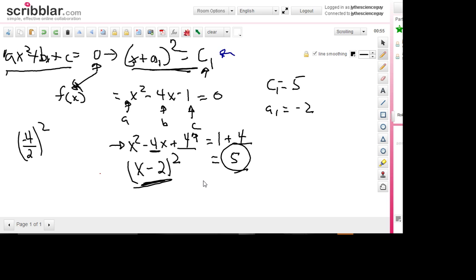So that means that the vertex would be at 2, comma 5. And when I draw that, if I go over 2 and then I go up 5, then that means that my vertex is there.